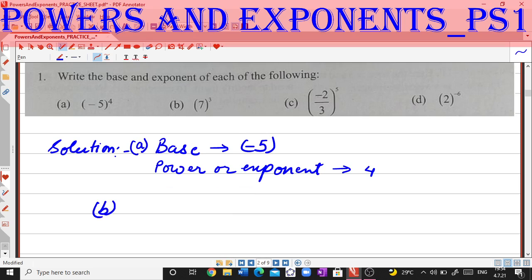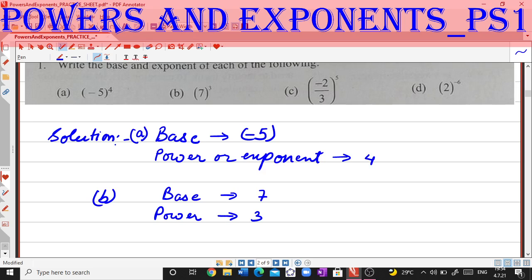Similarly, you can also solve the other questions. Here the base would be 7 and the power, or I can say the exponent, is 3. Okay, so like this you can try also. Now let's try the C one. Yes, you are right.